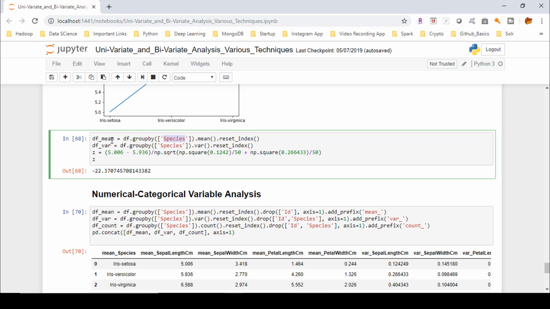So first we calculate the mean using this formula, and then we calculate the variance. The only difference is the method: instead of the mean method, you just use the var method to calculate the variance. Here, as highlighted, I have calculated the z statistic using this formula.